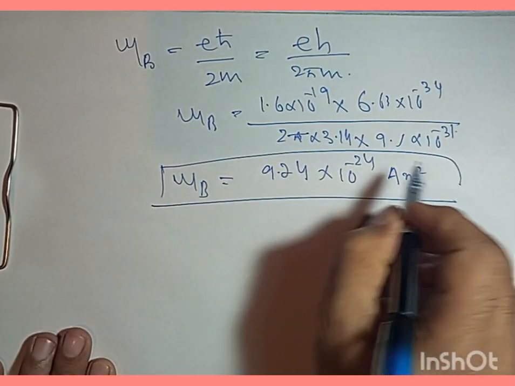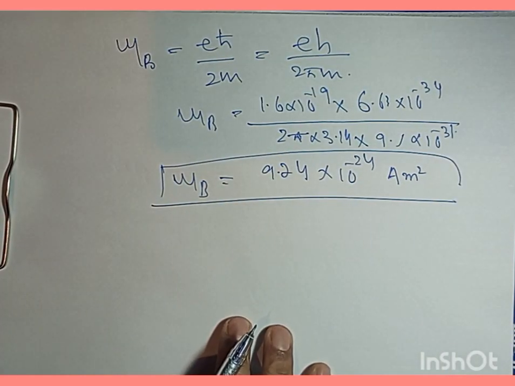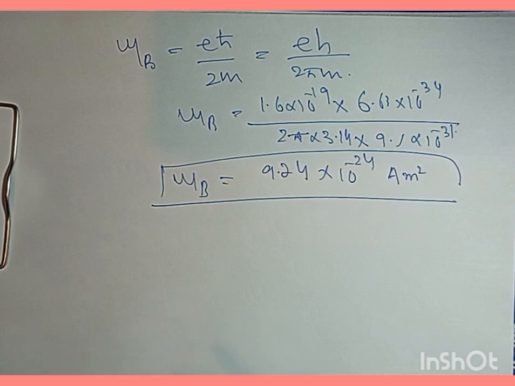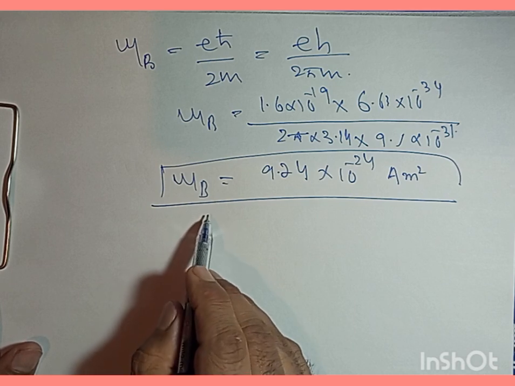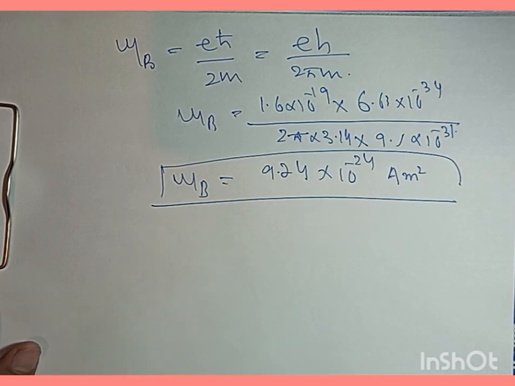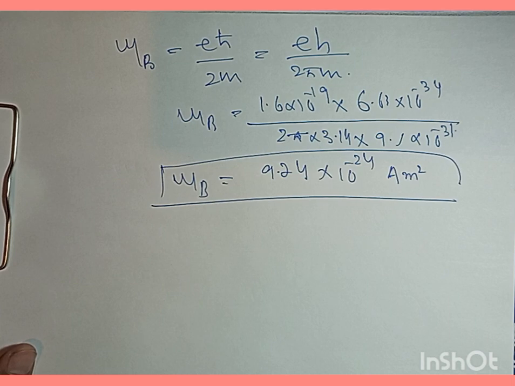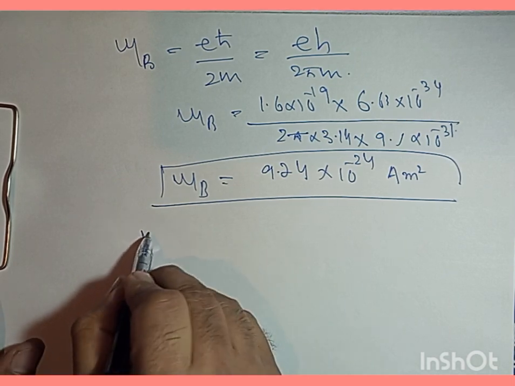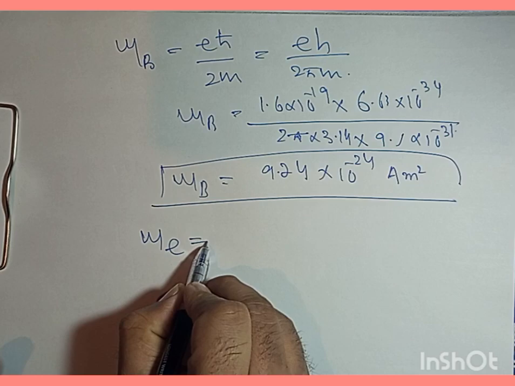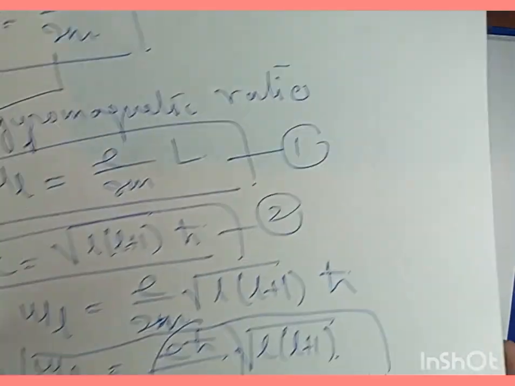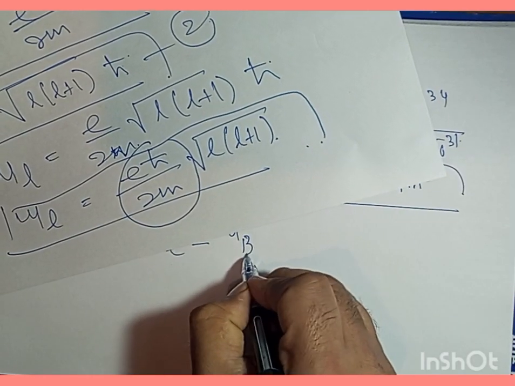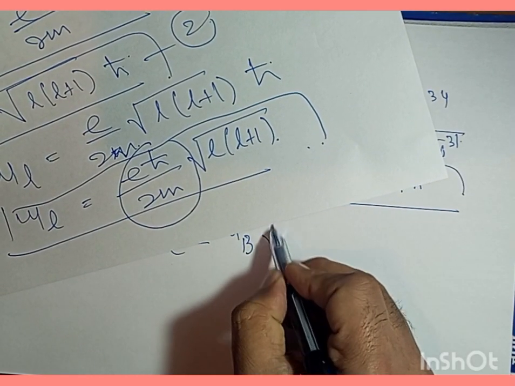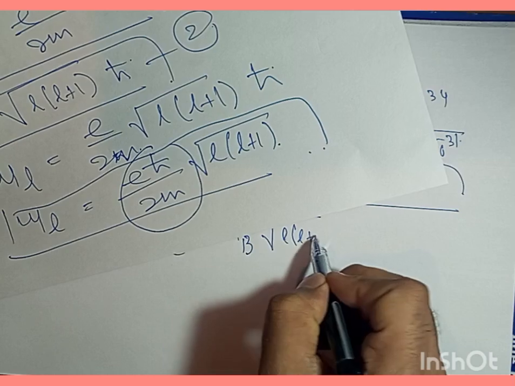And we can write down this orbital magnetic moment in the units of Bohr magneton. If I go back to that equation, what is mu L? This thing is mu b, so I would like to write down mu b under root of l times l plus 1.